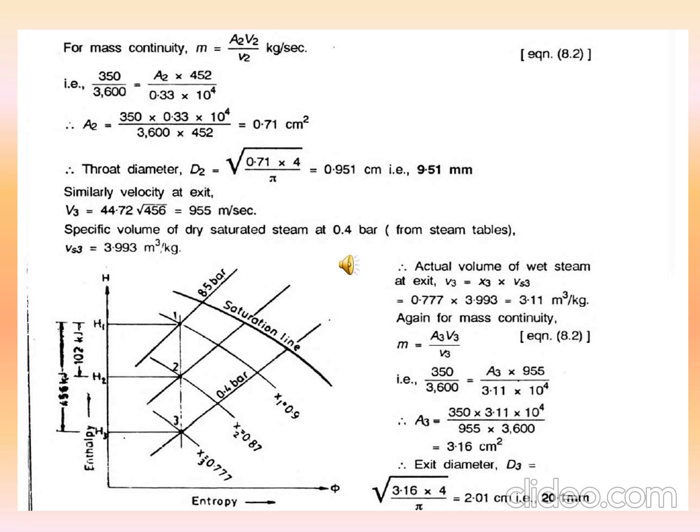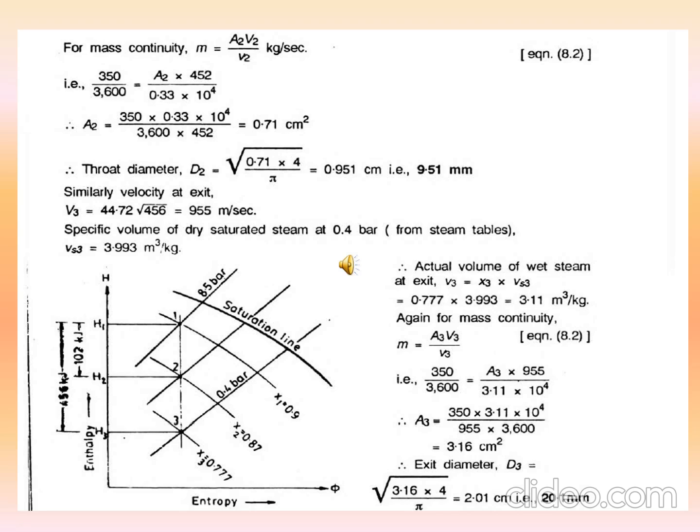Next we have to find the area A3, since the mass is given. Using the same formula, m equals A3 V3 divided by small v3, so 350 divided by 3600 equals A3 into 955 divided by 3.11 into 10 to the power 4.